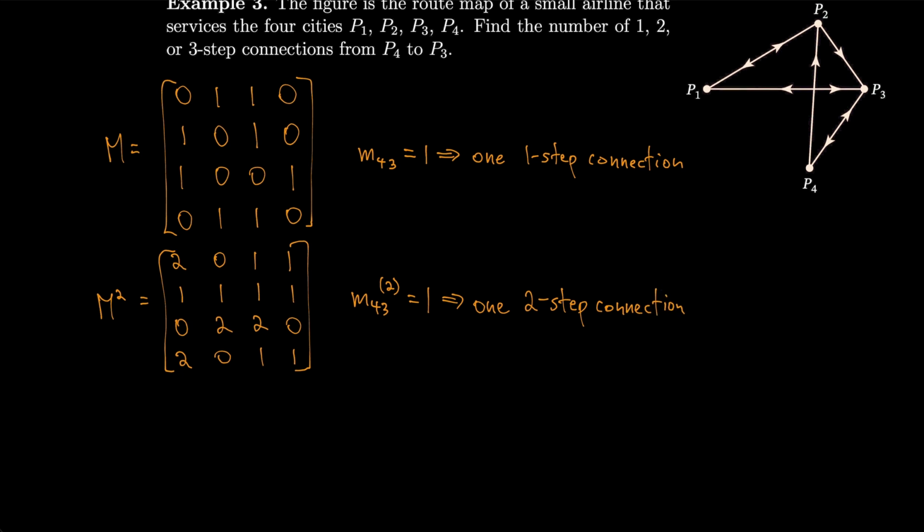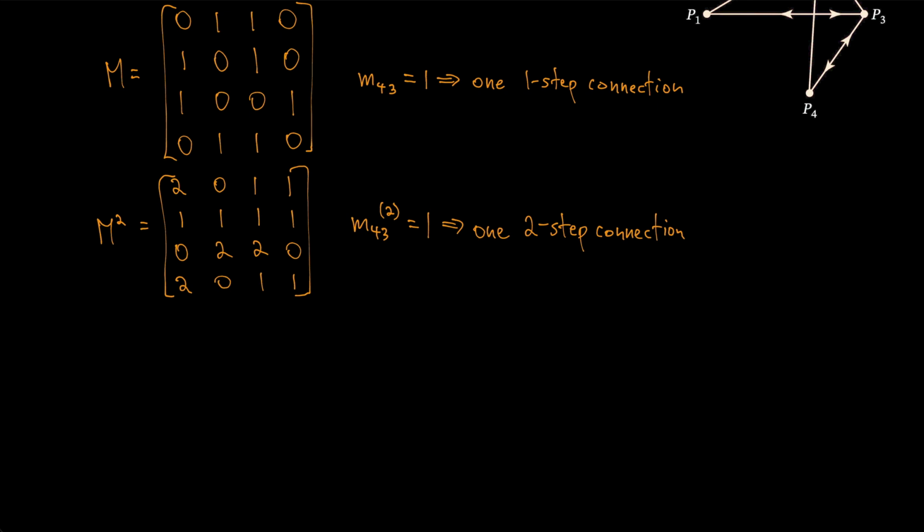Okay, so now let's cube it to find the three-step connections. So M cubed is 1, 3, 3, 1, 2, 2, 3, 1, 4, 0, 2, 2, 1, 3, 3, 1.